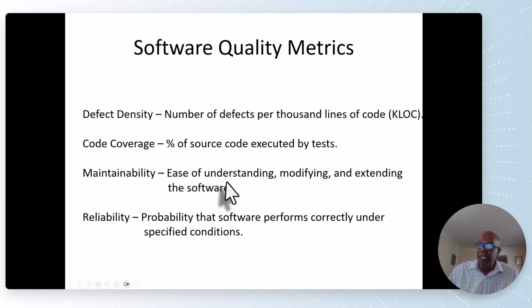Maintainability is the ease of understanding, modifying, and extending the software. Reliability is the probability that the software performs correctly. These two are directly connected with defect density and code coverage percentage.